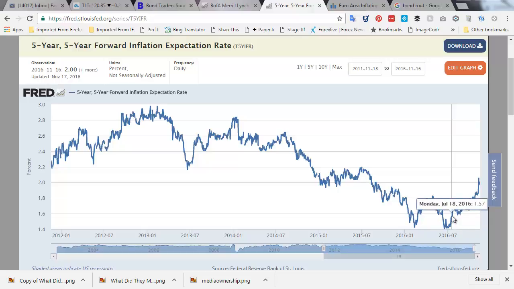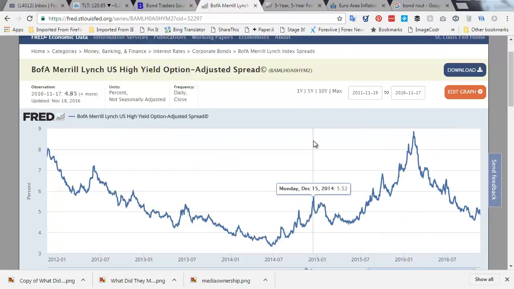And then one other place to see this is on this chart here, which is called the Merrill Lynch US High Yield Option Adjusted Spread. And this is basically the difference between the spreads on interest rates on high yield bonds, high yield corporate debt, compared to government debt.